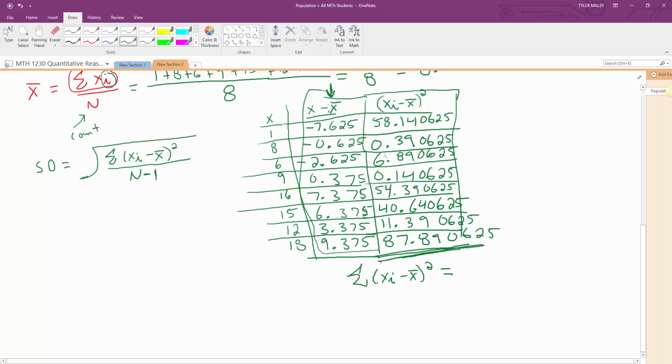Right, so 58.140625, and so on, then 11.390625 plus 87.890625.